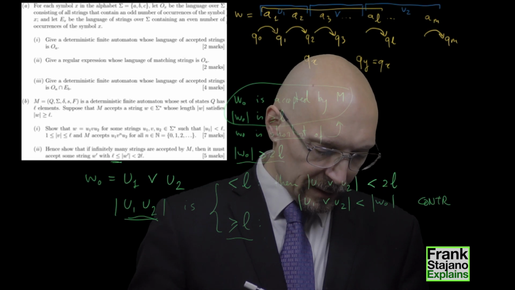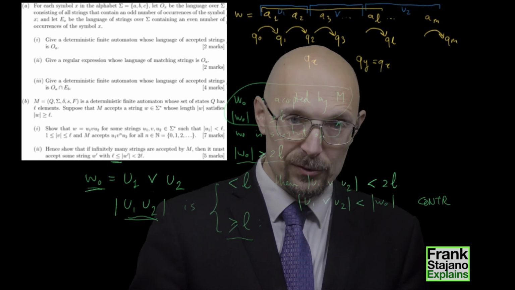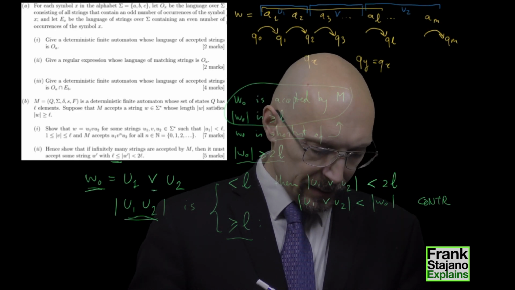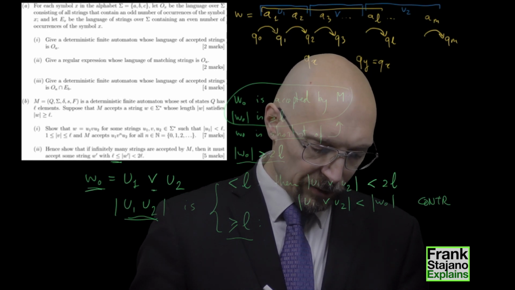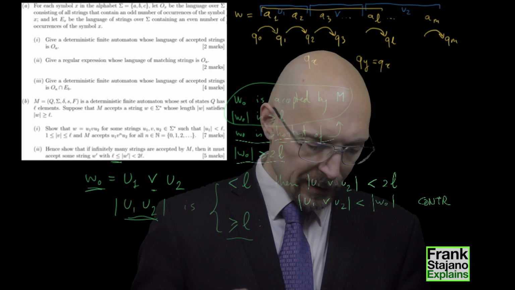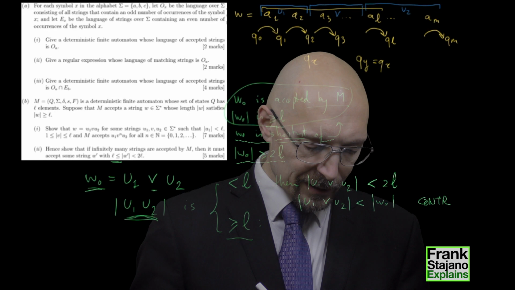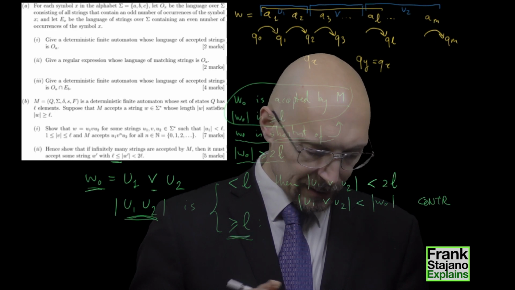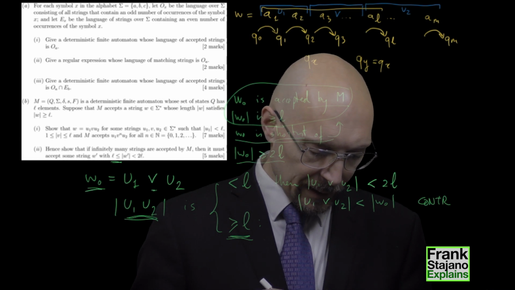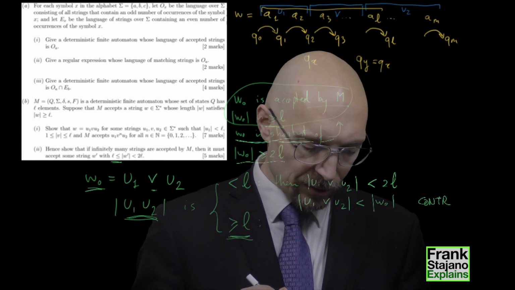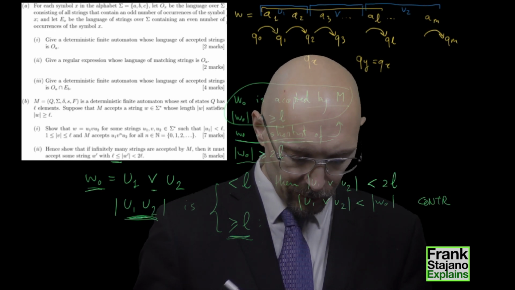And because it is clearly shorter than W0, because I dropped V symbols from it, it is not true that W0 is the shortest anymore, because there's another string that is accepted by M, which is greater than or equal to L. That's our hypothesis in this branch. And it's no longer true that W0 is the shortest, because this is definitely strictly shorter than W0. So this is also a contradiction.